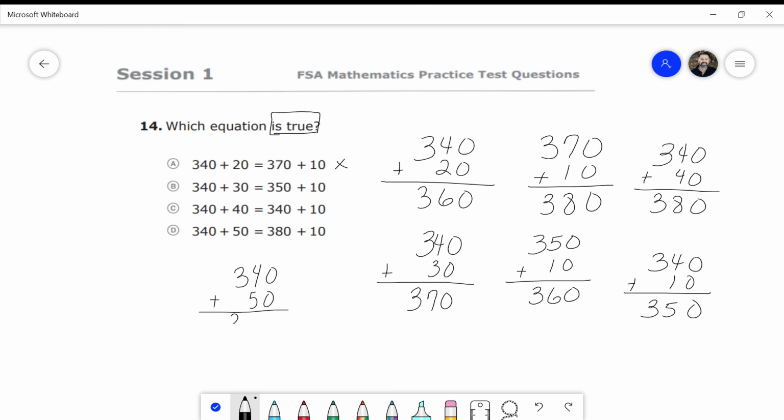This one should work unless we made a mistake in our math. 340 plus 50 is 390, and then 380 plus 10 more is 390. So there we go, that works. We can see that the expression on the left side of the equal sign is 390, and on the right side is also 390, so that is a true equation. So the answer is D, and you just bubble that in.